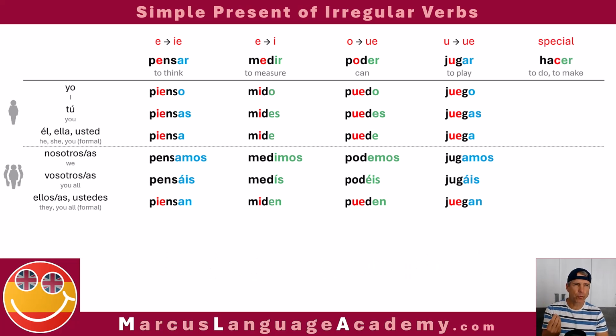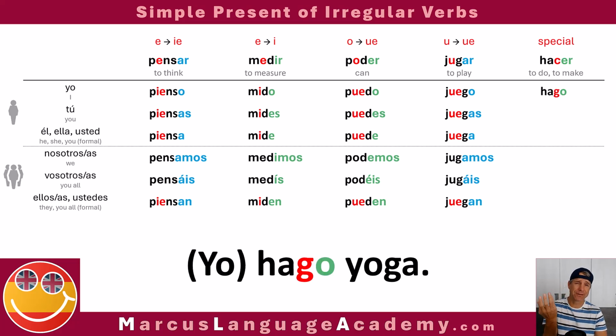Unfortunately, we also have verbs that are really special. They have their proper conjugation, like the verb hacer, to do or to make. When we have hacer, it's a green ending, so we put an O in the first person, but it says yo hago yoga, hago. There the C changes to a G. So this is just something really special of the verb hacer.